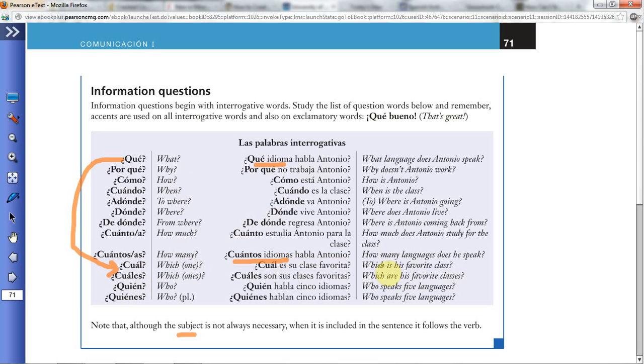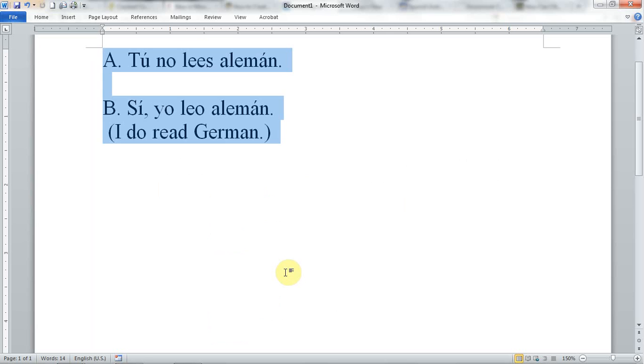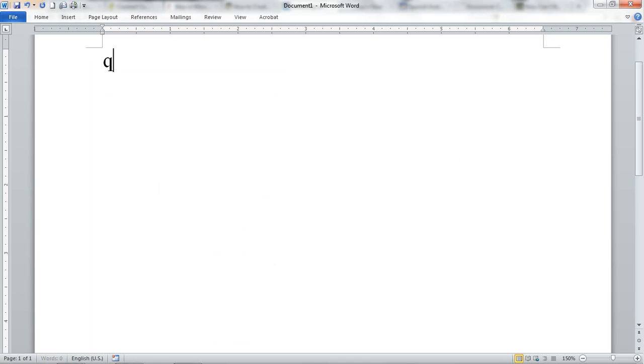In Spanish, not really. So, how would you separate these two? ¿Qué idioma y cuál? Think of it this way. You can have qué plus a noun and then plus a verb.